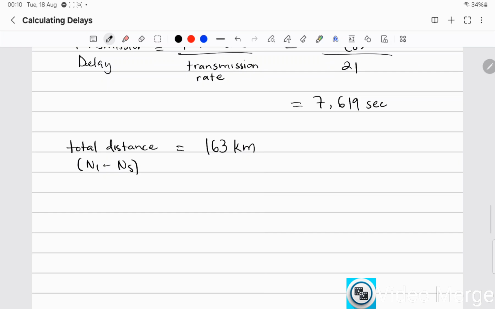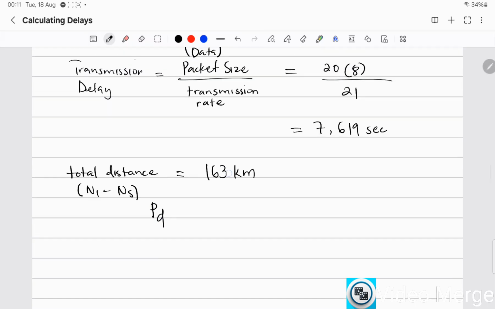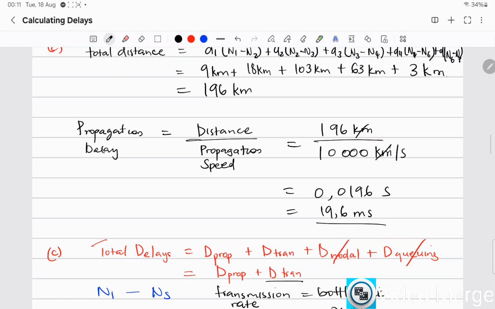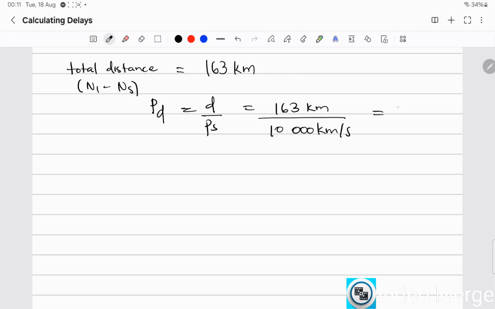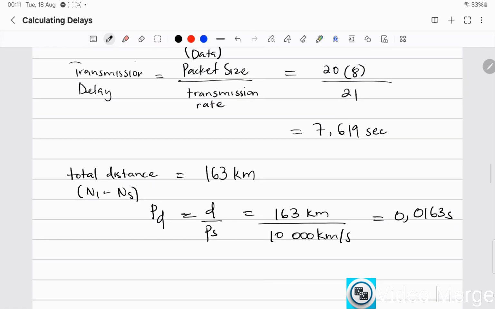That's the total distance. And then to calculate the propagation delay, PD, you already know the equation. PD is equal to distance over propagation speed. The distance is 163 kilometers divided by 10,000 kilometers per second. In our case, this is going to be 0.0163 seconds. Good. We need to use the same units. This is our transmission delay, and this is our propagation delay.